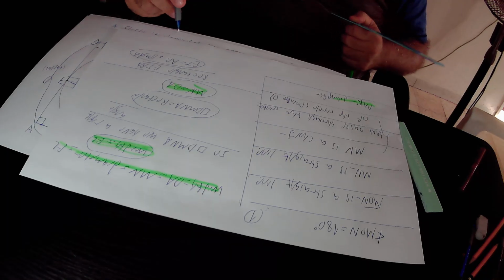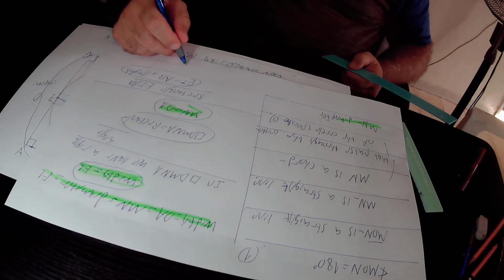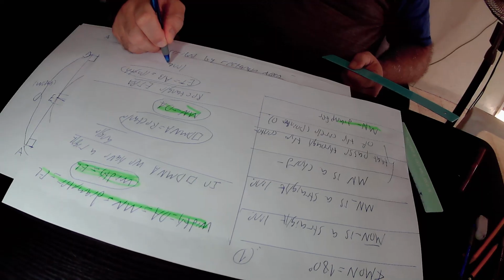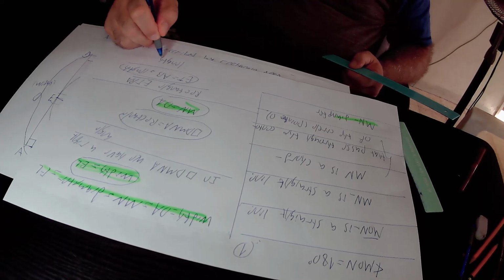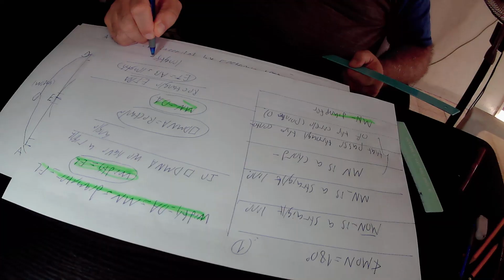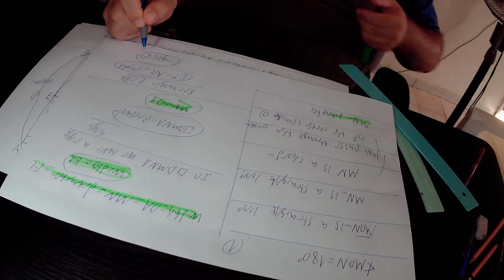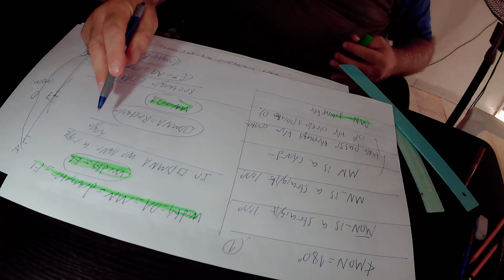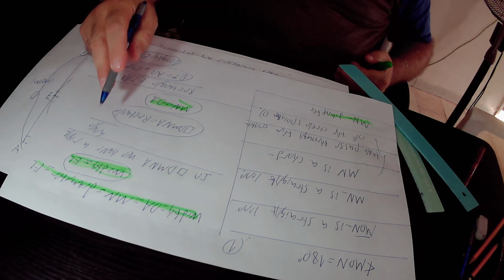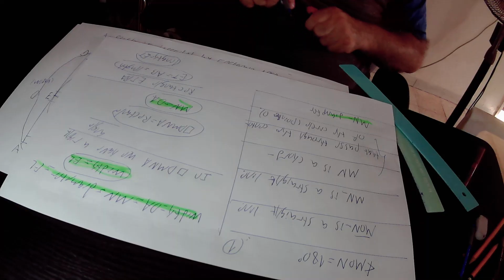Or the length of rectangle ABCD is equal to ET. So we found out that the width of rectangle ABCD is equal to EL and the length is ET.